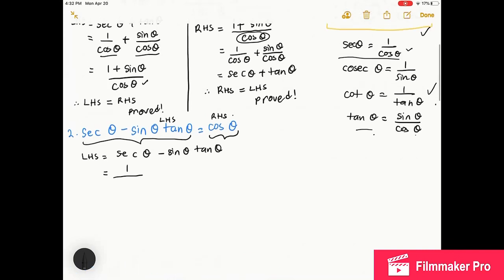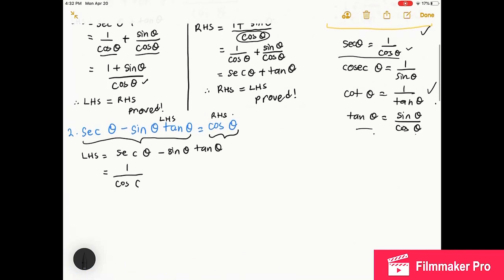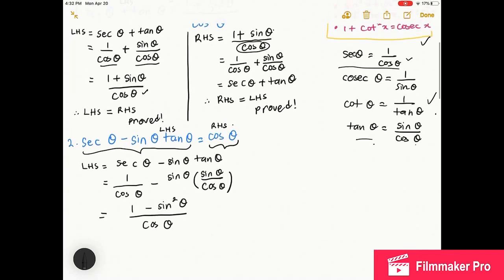So secant theta is 1 over cos theta, minus sine theta. In order to help me solve this question, I need to change my tangent theta to sine theta over cos theta. So I will get 1 minus sine square theta over cos theta.